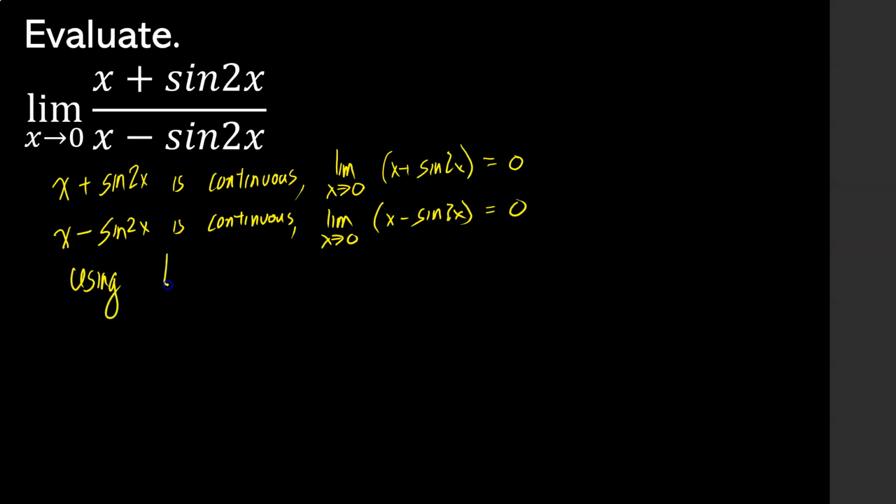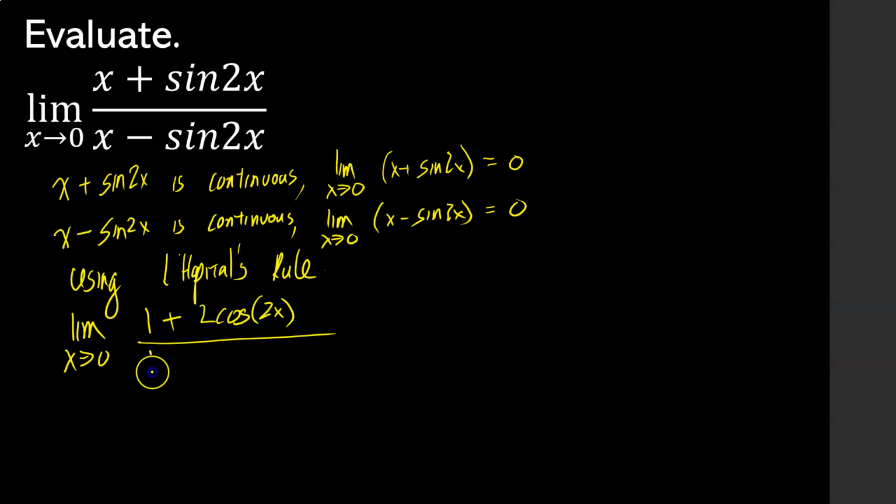Using L'Hopital's rule, keep our limit as x approaches 0 out front. And 1 plus cosine of that same 2x, chain rule times 2. No. 1 minus cosine of that same 2x, chain rule times 2.